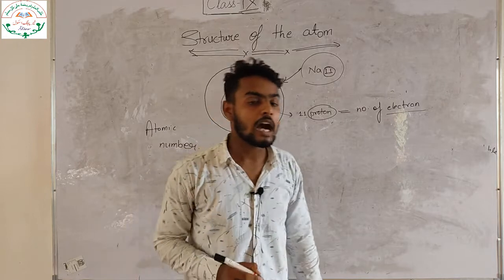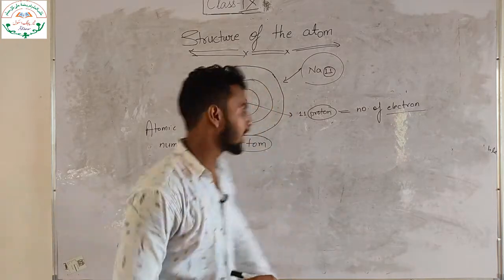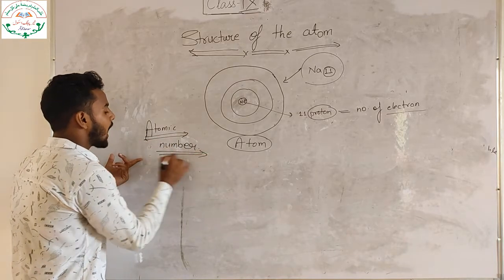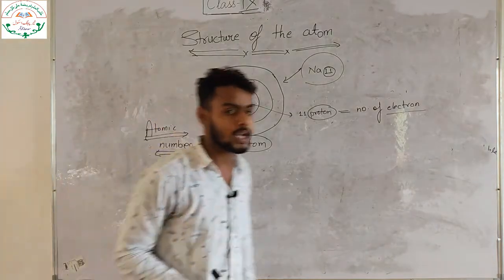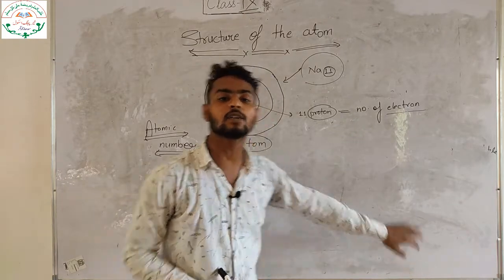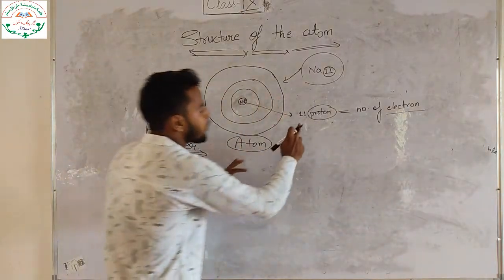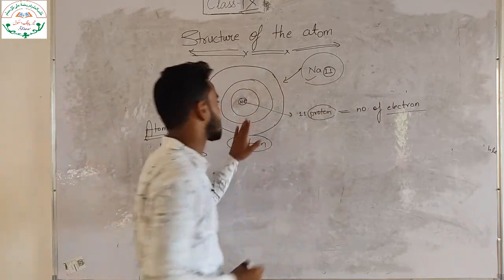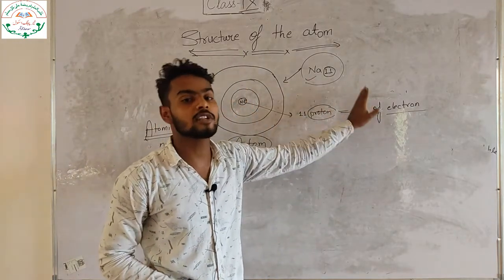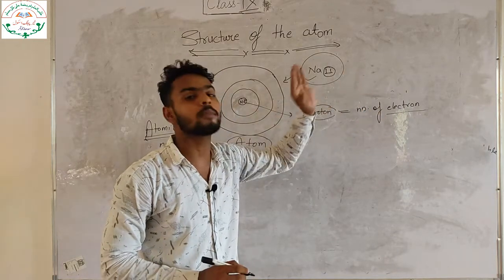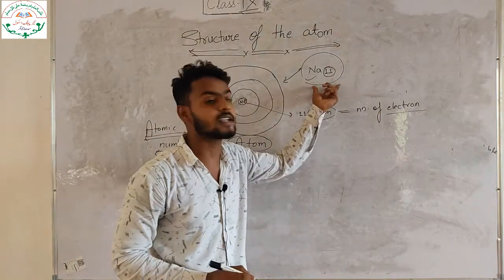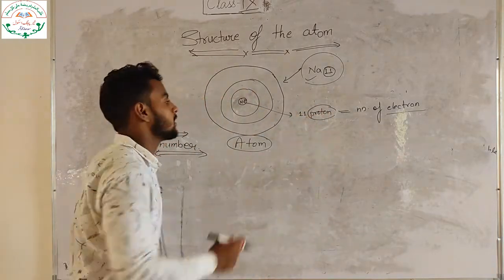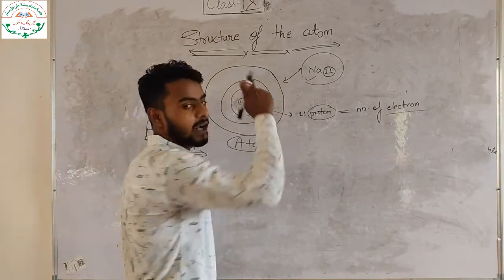Now we can say that the atomic number shows how many protons are present in the nucleus. Sodium has atomic number 11, which means 11 protons are present in the nucleus of the sodium atom.